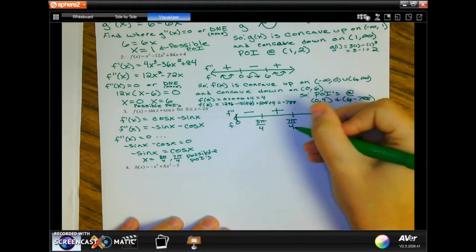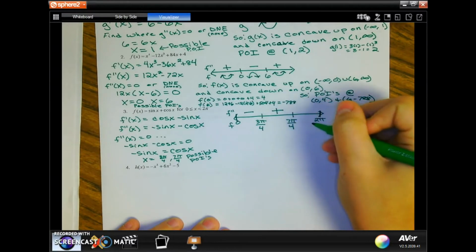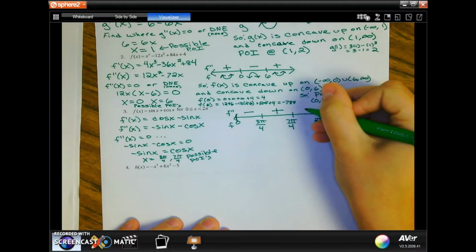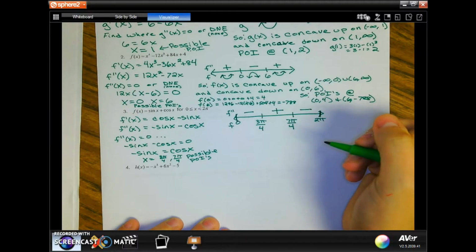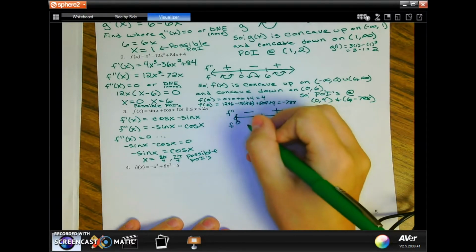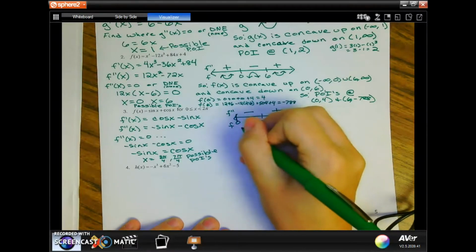And then when I plug in something like 11 pi over 6, it doesn't really matter, anything in between there, that's going to be a negative. So that tells me that since the second derivative is negative, it's concave down here.